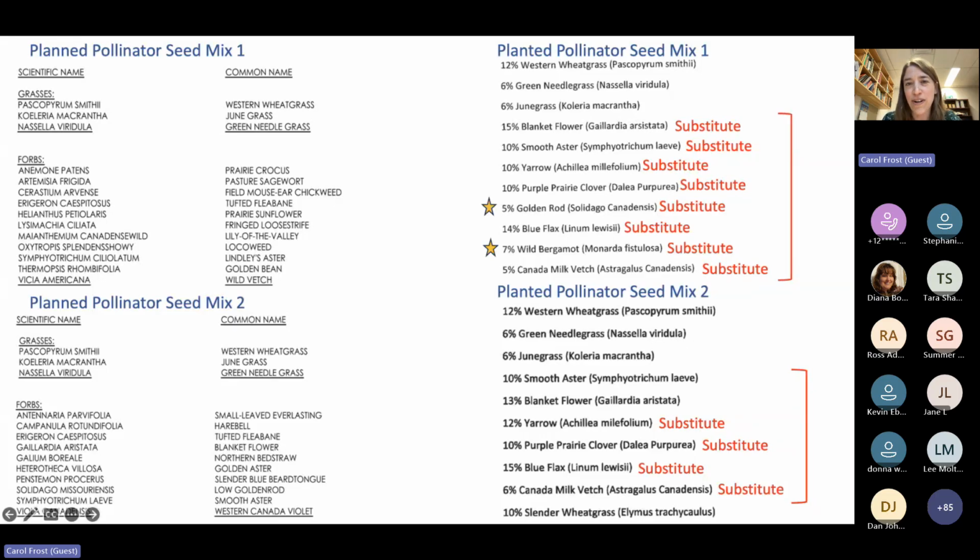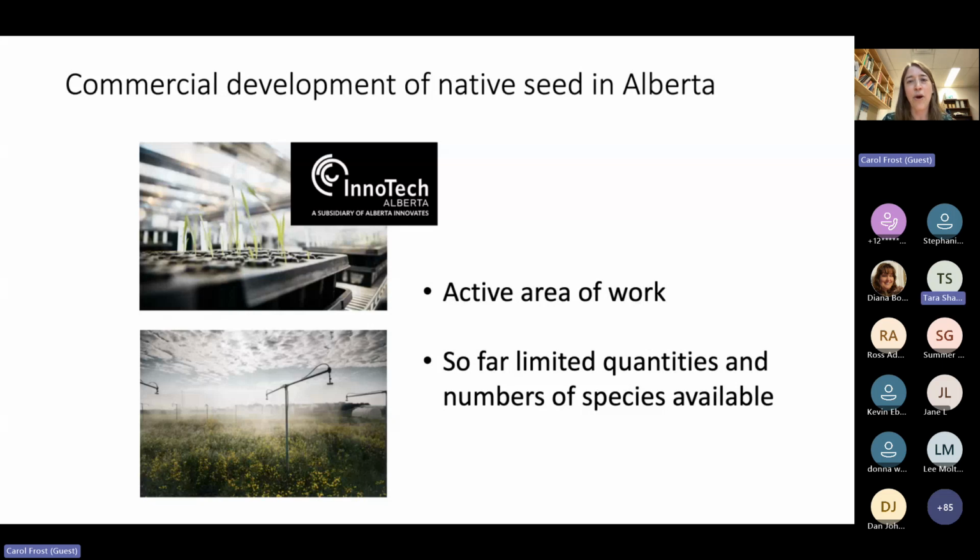So this experience of EPCOR's, that they had this great plan to provide a diversity of native forbs for pollinators, but they couldn't get the seed, is a big problem in industrial restoration projects in grasslands in this part of the world. Now, commercial development of native seed for forbs is an active area of work.